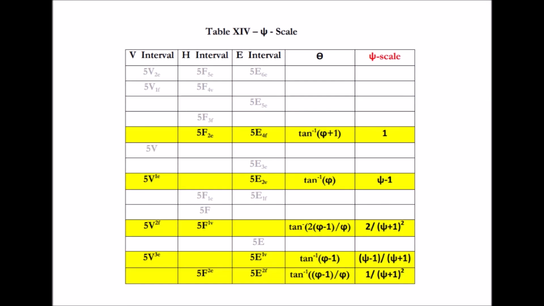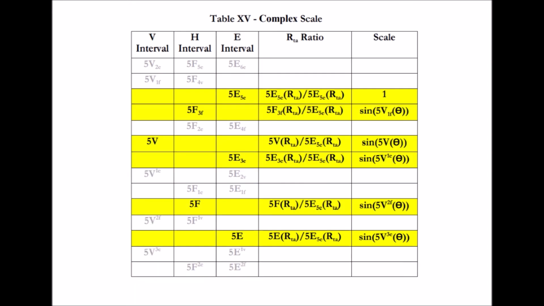Then there's the phi scale, or golden ratio scale, shown in Table 14, where the ratio of its operands are algebraic fractions of the golden ratio, and where the golden ratio is equal to 1 plus the square root of 5 over 2. This next ratio scale is even more complicated than the previous scales, and I've referred to this as a complex scale, as shown here in Table 15.